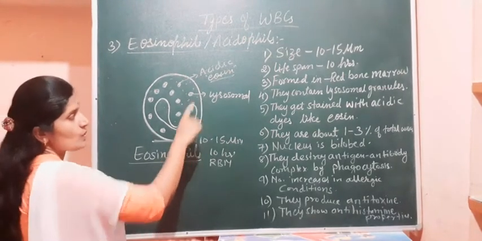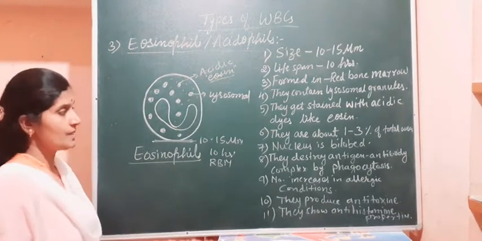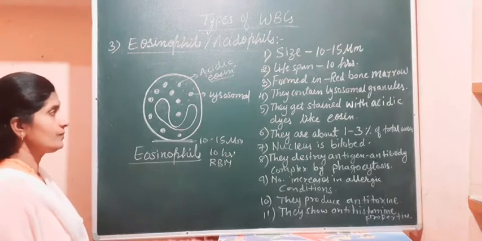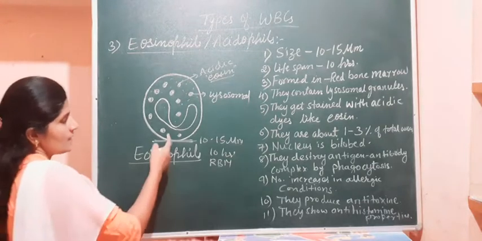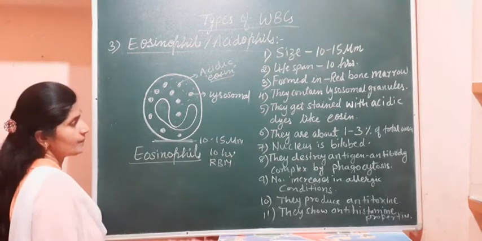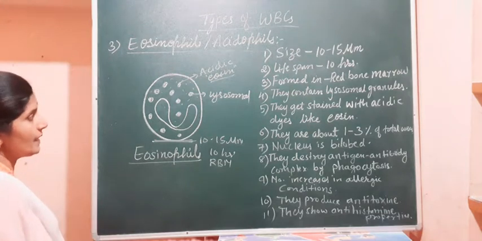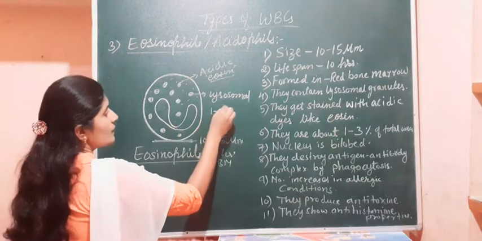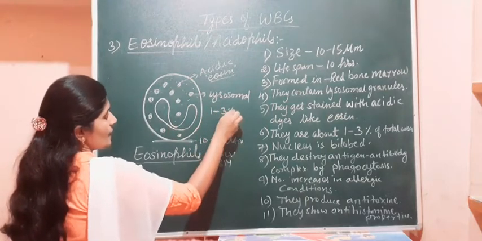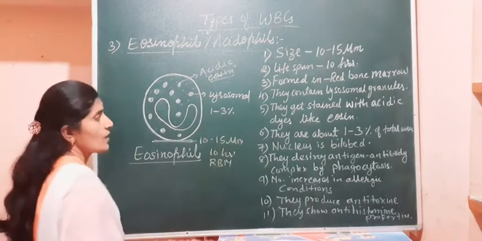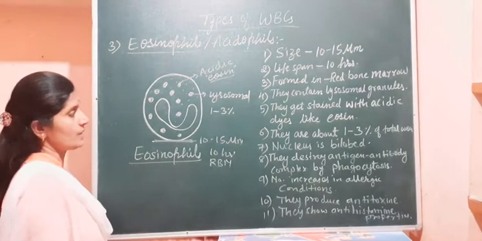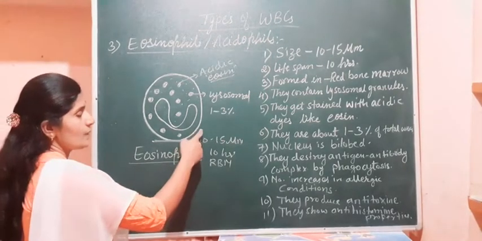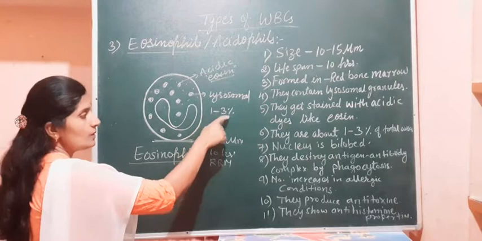The granules are lysosomal, and the percentage of these cells is 1 to 3% only of the total WBCs. So acidophils are present only 1 to 3%.